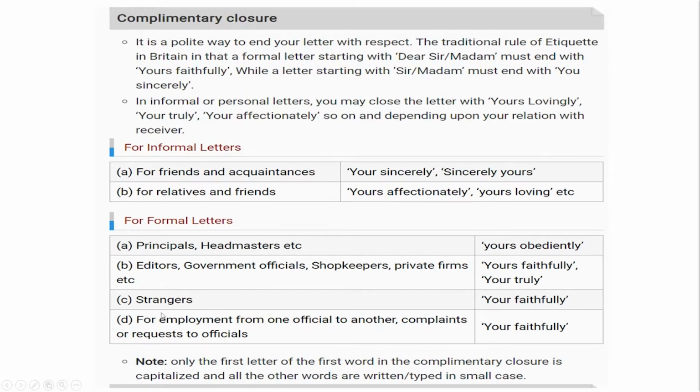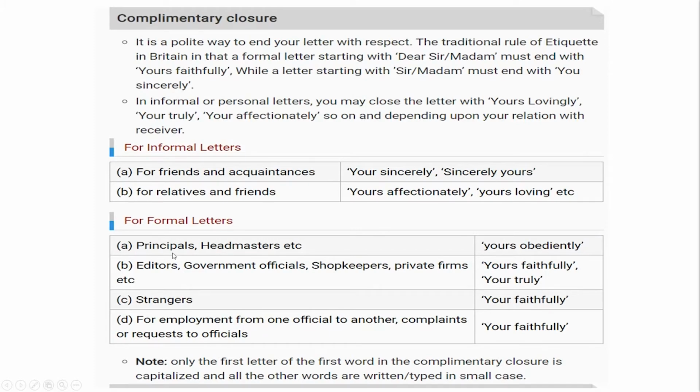If you want to write to a stranger whom you do not know, then you have to write Yours faithfully. You can write to an official, to another company, or to another organization. Yours faithfully is common, you can write it anywhere.